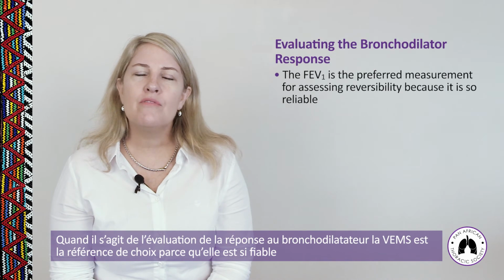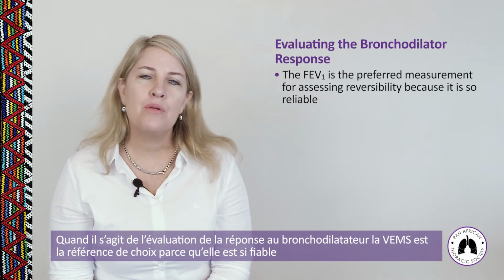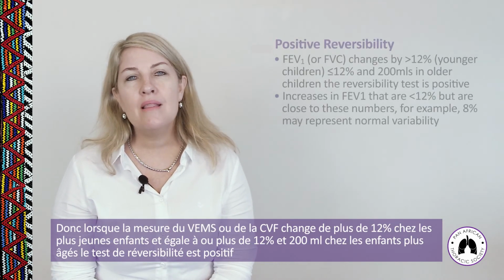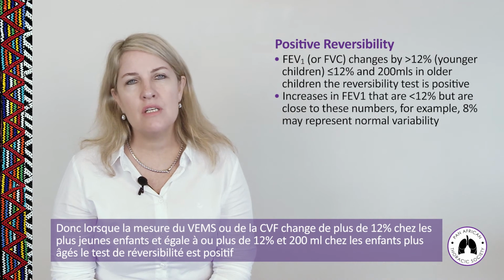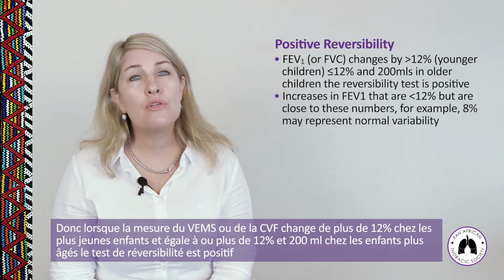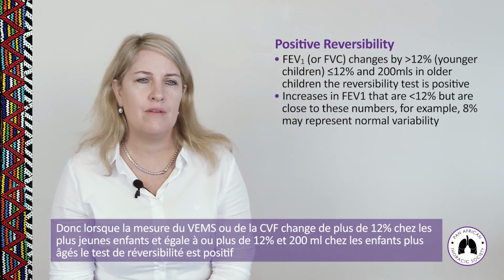So now, in terms of evaluating the bronchodilator response, the FEV1 is the preferred measurement for assessing reversibility because it is so reliable. So when the FEV1 or FVC changes by more than 12% in younger children or equal to or greater than 12% and 200 mils in older children, the reversibility test is positive.